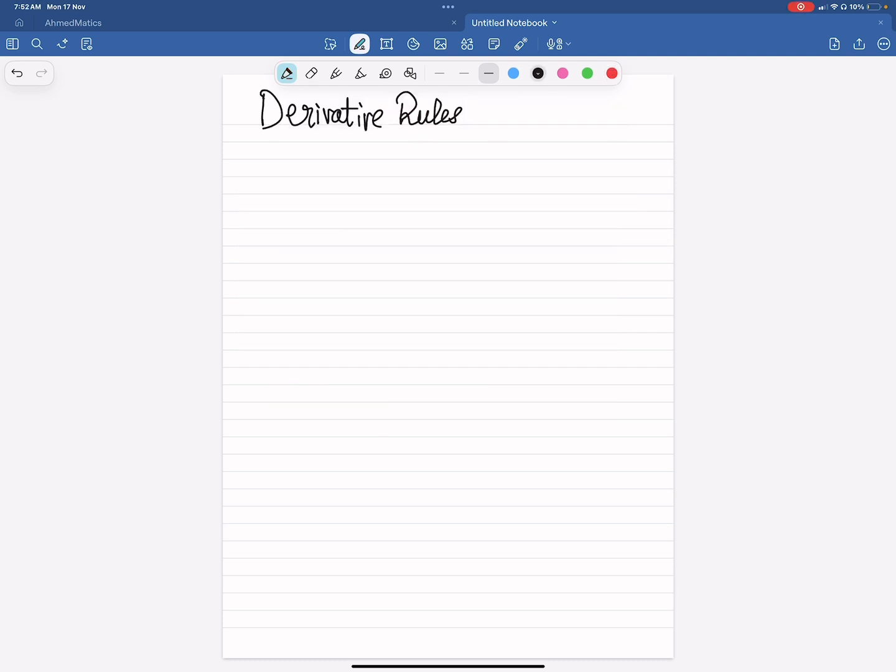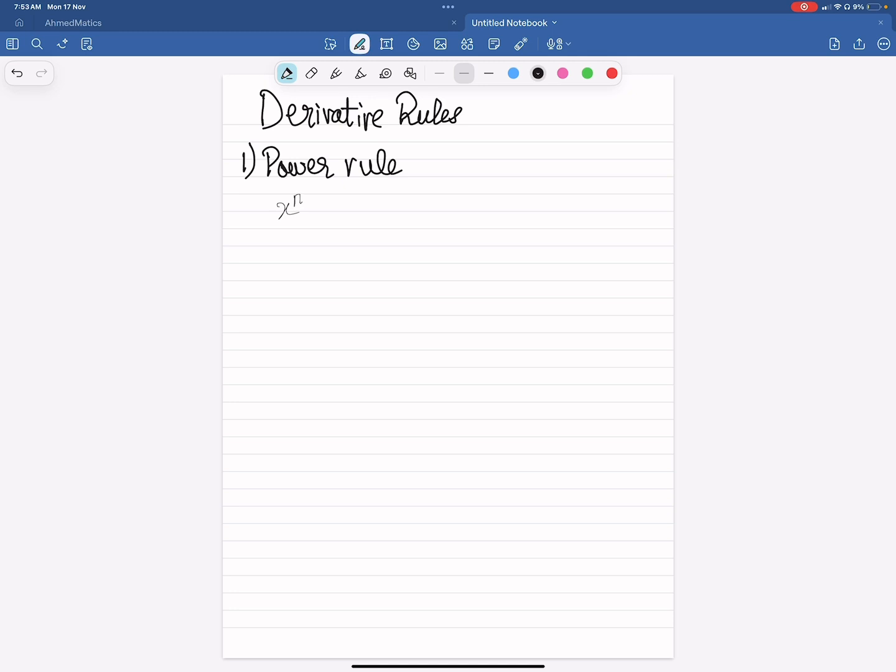So over here we're going to be talking about the derivative rules. It is a very important aspect of this chapter. First off, we're going to be talking about the power rule, which we can say is probably the easiest rule out of all. It's basically like this.